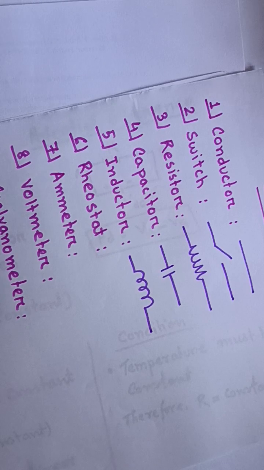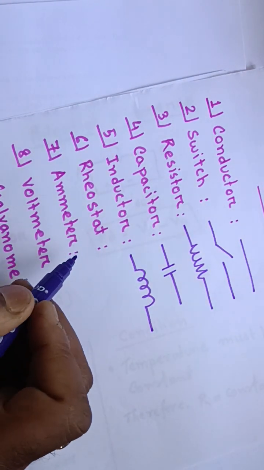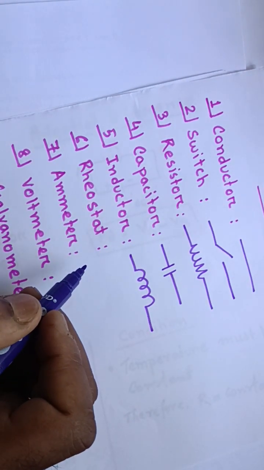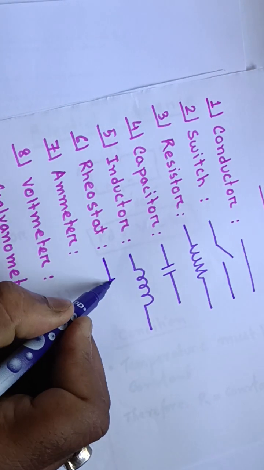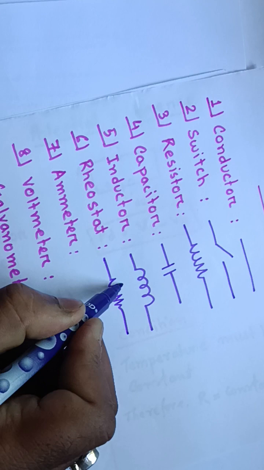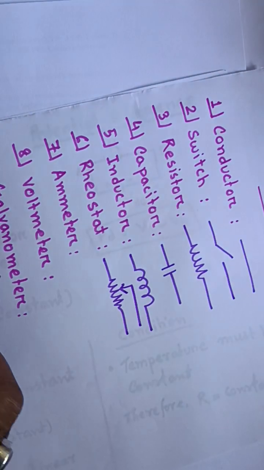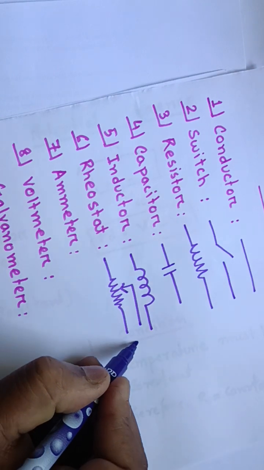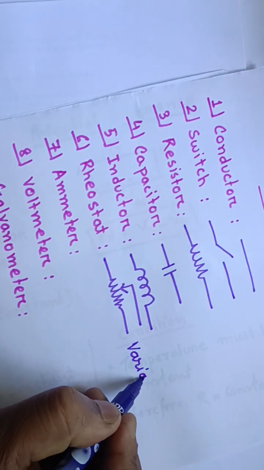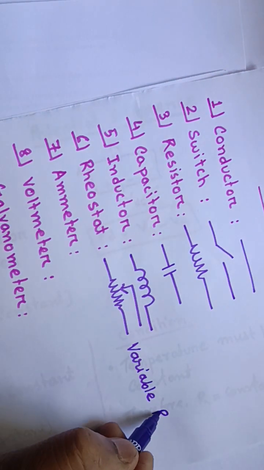Okay, sixth one is the rheostat. How can we represent the rheostat? The symbol of the rheostat is like this. The rheostat is also known as variable resistance.